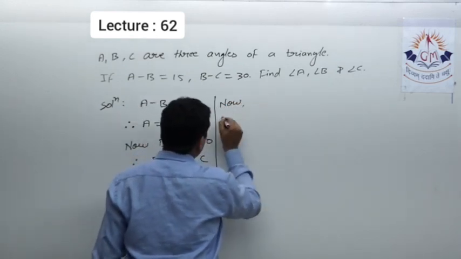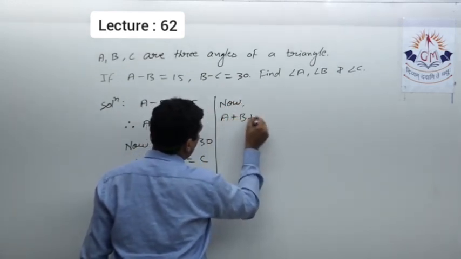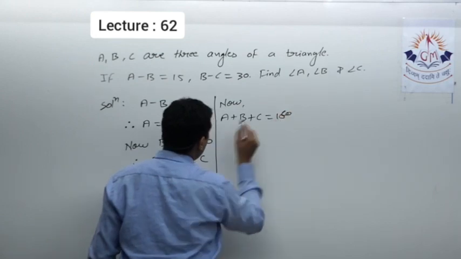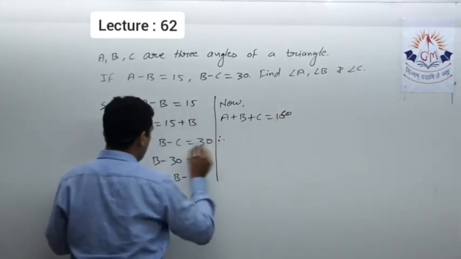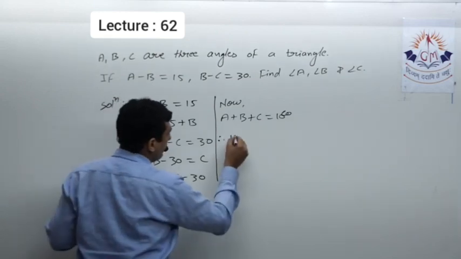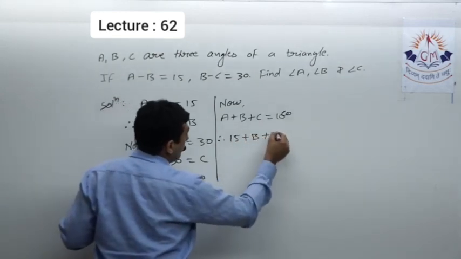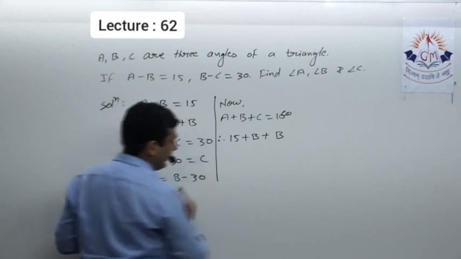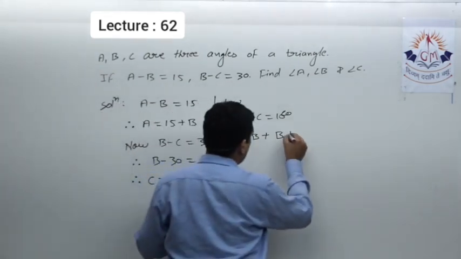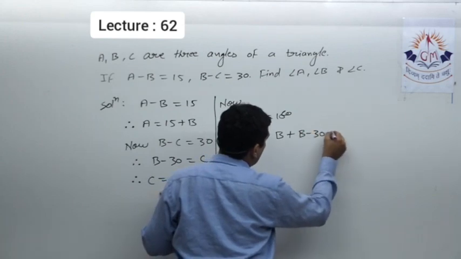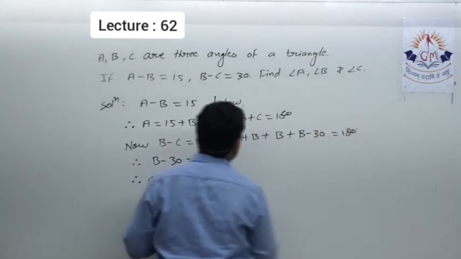Now A plus B plus C is equal to 180. Now A can be replaced as 15 plus B, so 15 plus B plus B I will note down as it is, and in place of C I write B minus 30, plus B minus 30 is equal to 180.